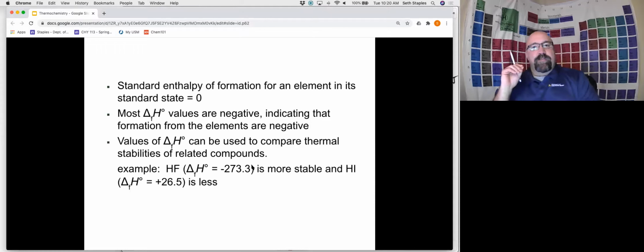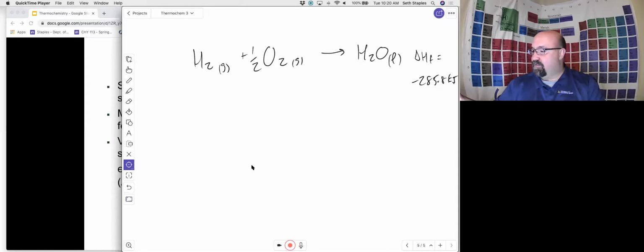The enthalpy of formation for an element in its standard state is 0. And so that's going to be something that's important for us to know. For instance, H2 that we saw in the previous example exists as a gas at room temperature.